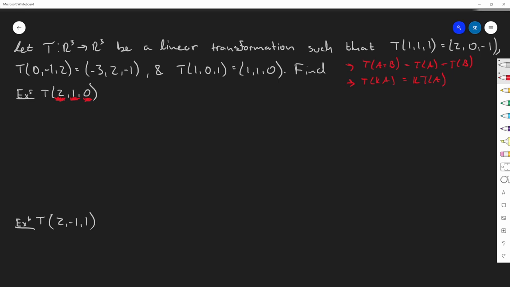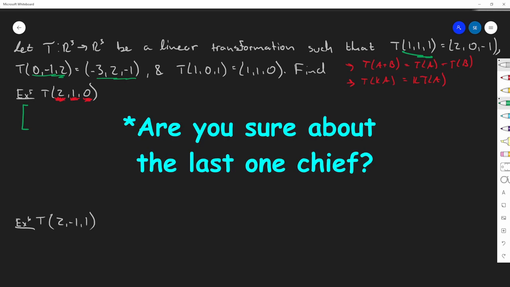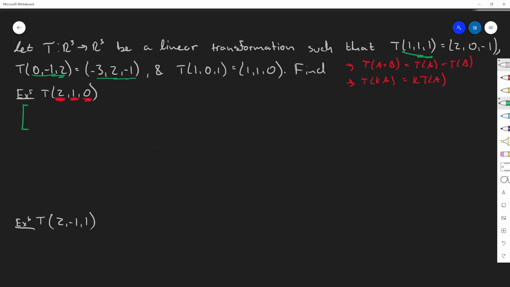So now the next question is, what's going to be in the augmented matrix? Well, it is simply going to be our inputs that we were given: our (1, 1, 1), our (0, -1, 2), and our (-3, 2, -1). We're going to put these all in column form.